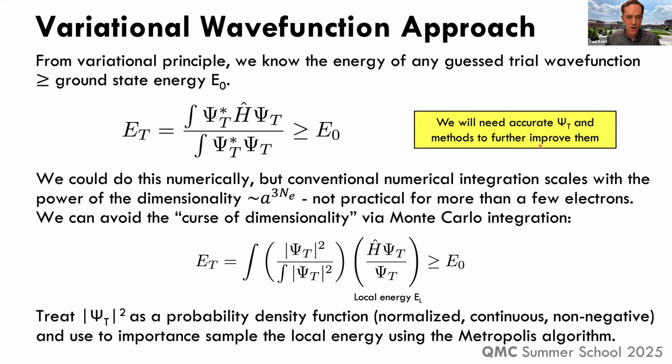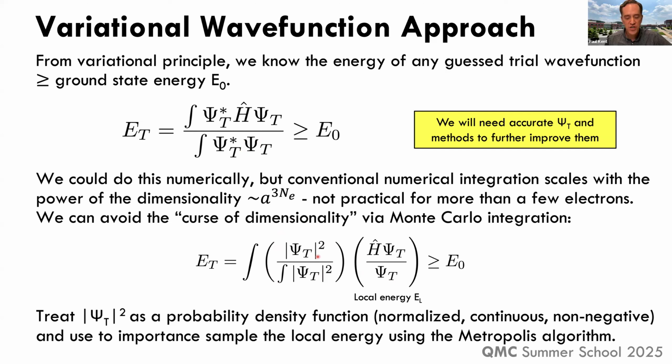What we can do, though, is rewrite this equation a little bit by inserting and dividing by another psi T here and put it into a form that is suitable for textbook importance sampling Monte Carlo. And so that's shown here. So we've added and divided by a psi T. And so what is this first term?